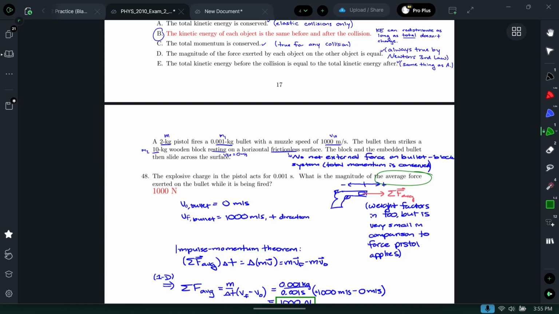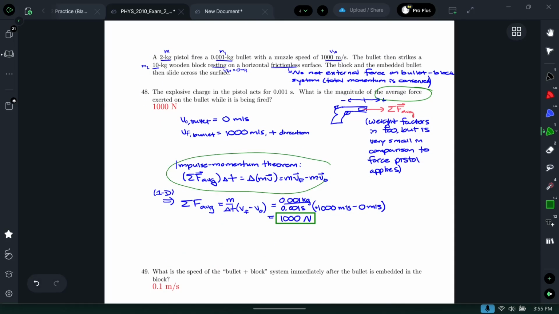And it's because forces don't show up in conservation of momentum because we sort of sidestepped around having to think about them by introducing the concept of momentum. But we can still calculate the force by using the impulse momentum theorem, this right here.